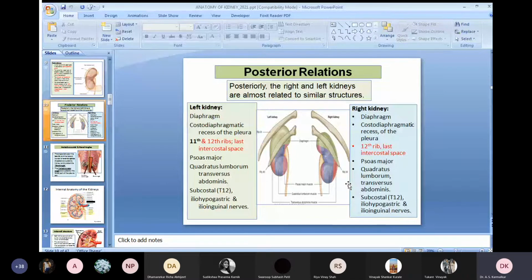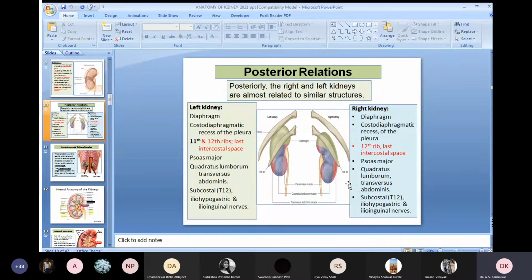There is one exception. Why? Relation to the ribs. You can see there are two ribs which are shown. That is the last two ribs, which are the floating ribs, the 11th rib and the 12th rib. As we know, the right kidney is at a lower position than the left kidney. So it is not related to the 11th rib. It is only related to the 12th rib.